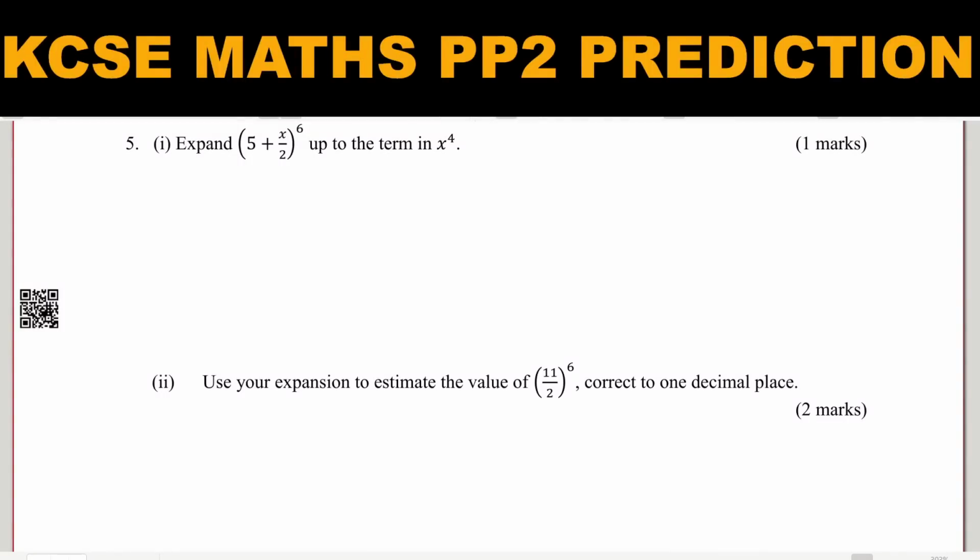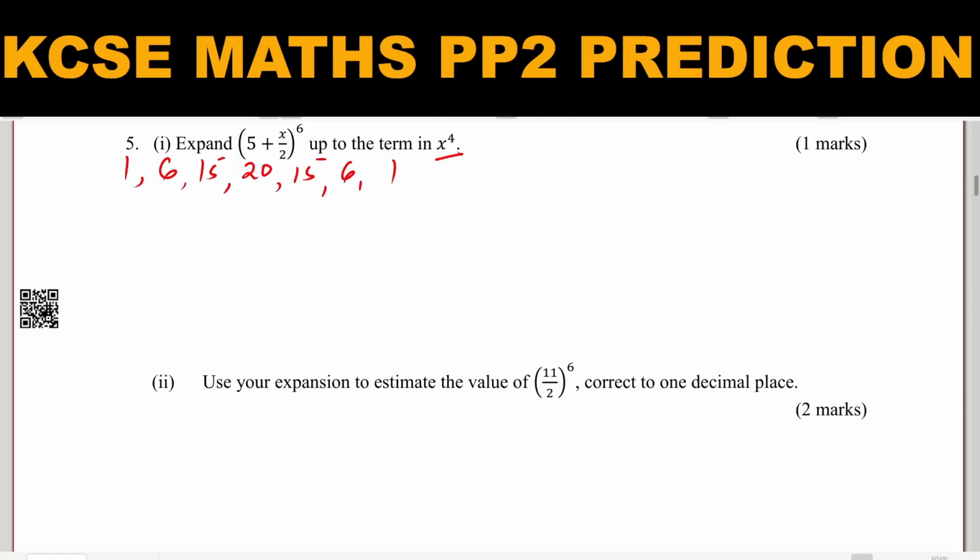Expand (5 plus x divided by 2), everything raised to power 6, up to the term in x raised to power 4. The first thing we're going to do is write down the coefficients of power 6 using Pascal's triangle. The coefficients are 1, 6, 15, 20, 15, 6, and 1.